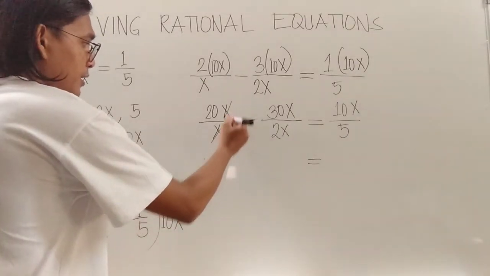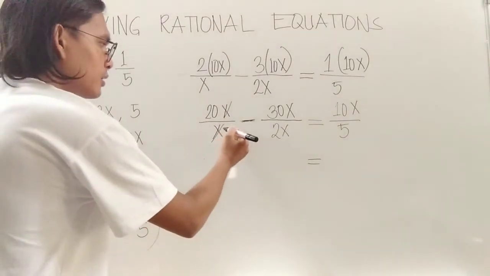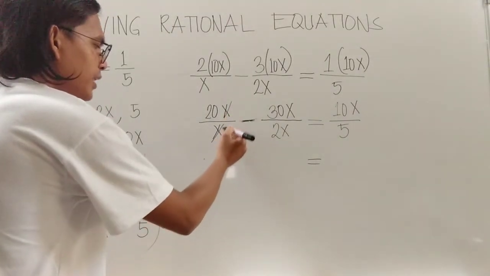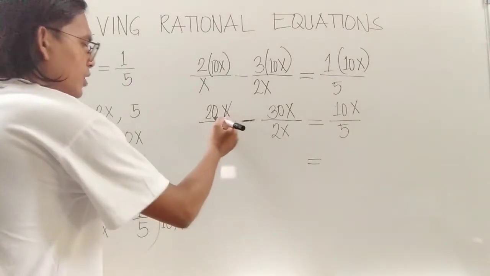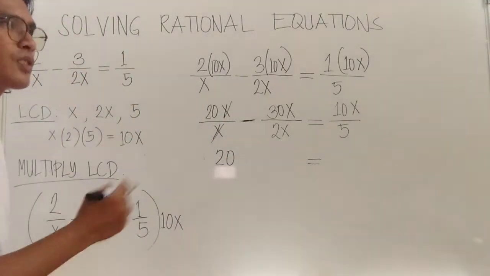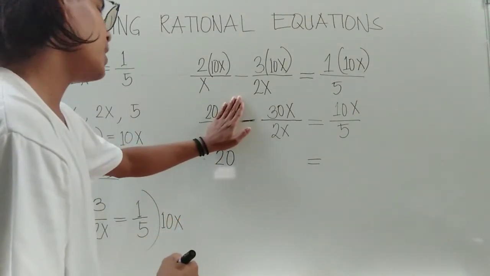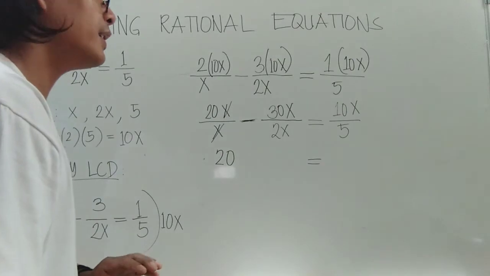The truth behind this is that x divided by x is 1, times 20, so we have 20. Or, in the shortest way of explaining, just eliminate your x.